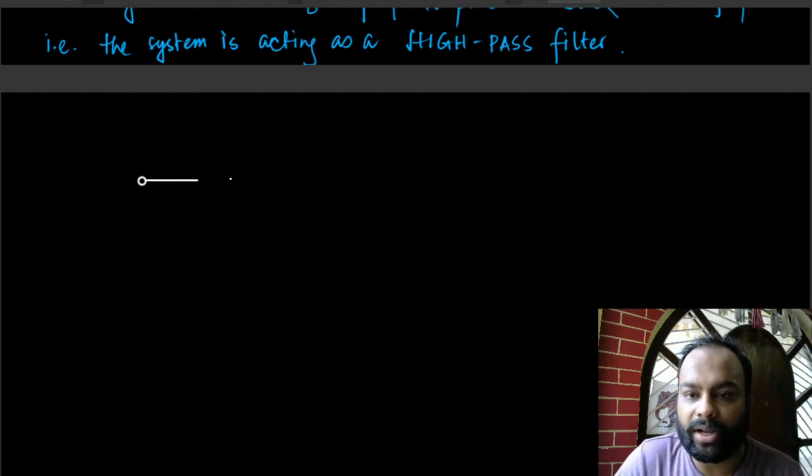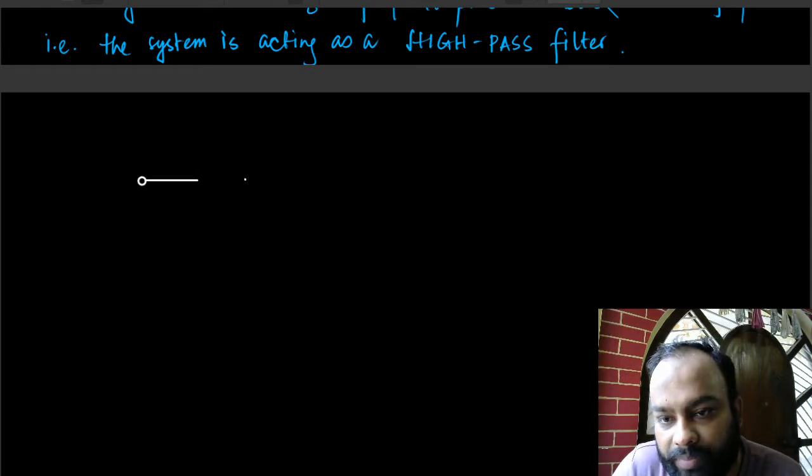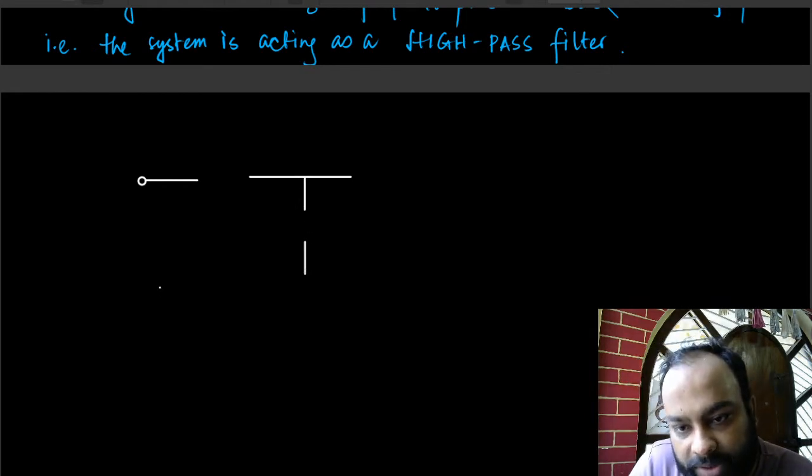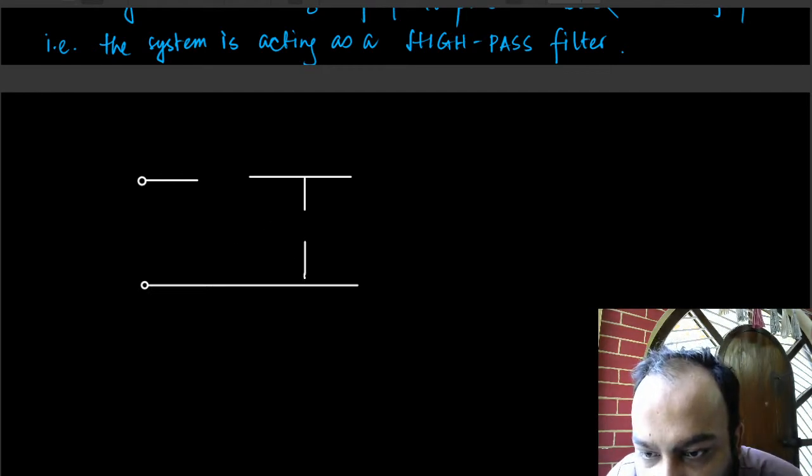So I can put the resistance here and put the other element here. So basically we have two elements, right? So what do I put where?